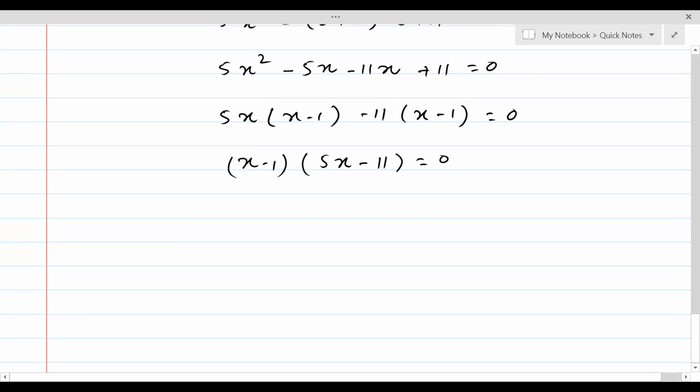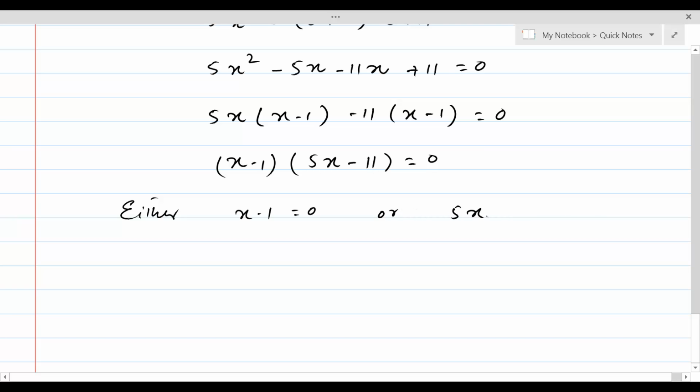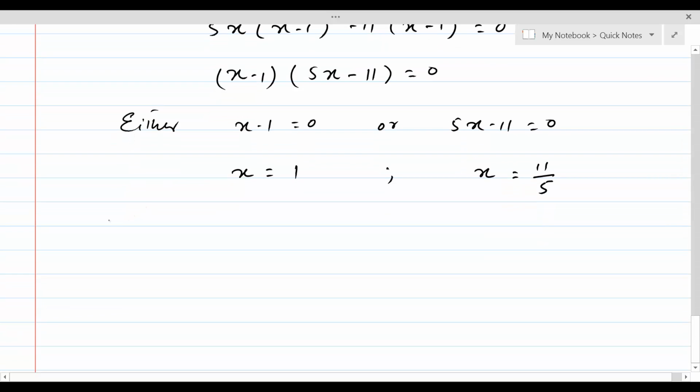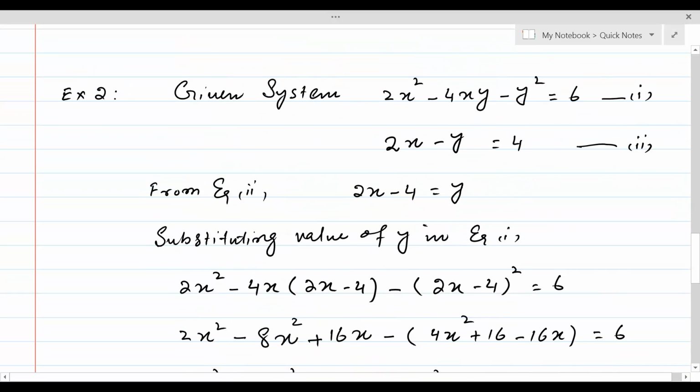The product of real numbers is not equal to 0 unless one of the factors is 0. So either x minus 1 is equal to 0 or 5x minus 11 is equal to 0. If this is so, then x is equal to 1. And if 5x minus 11 is equal to 0, then x is equal to 11 over 5. Again, if you remember, y was equal to 2x minus 4, when we started the solution, that's what we substituted.